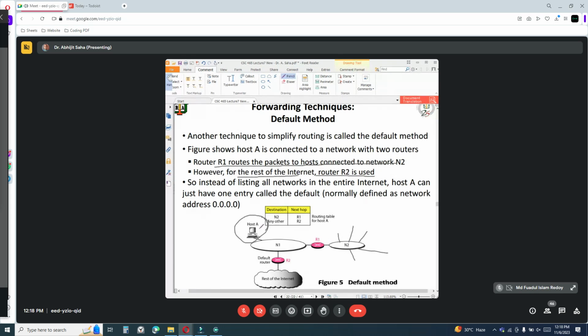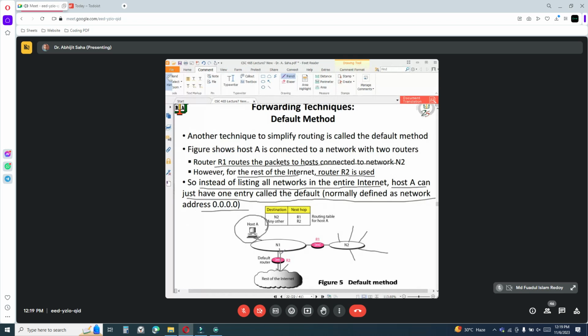If host A is sending a packet to a destination host that is not part of N2, that means the packet needs to be sent through the R2 router. So instead of listing all the networks in the internet, host A just has one entry called the default routing, which normally comes with the 0.0.0.0 address.